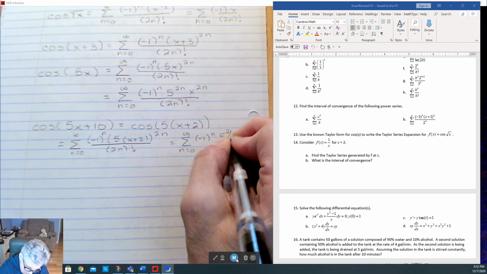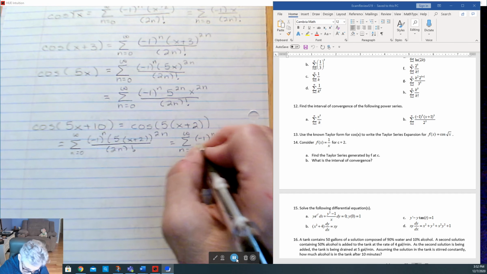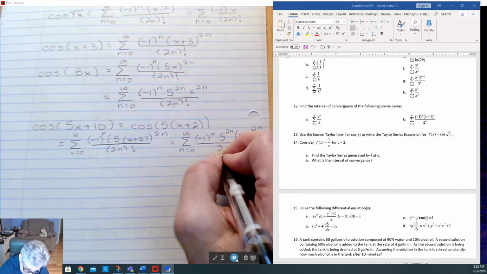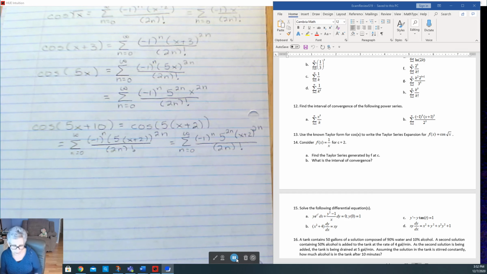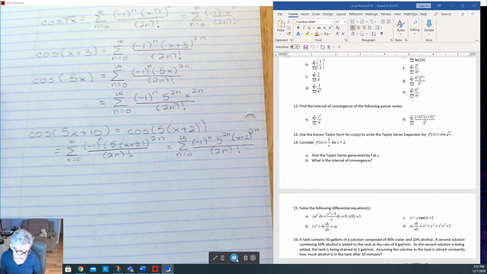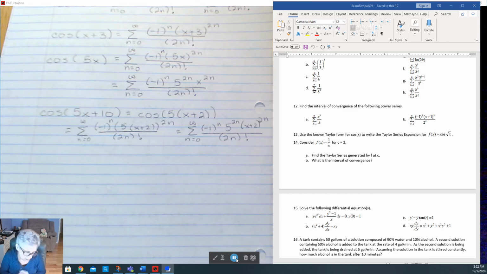So 5 to the 2n, x plus 2 to the 2n, all of that over 2n factorial. Another trick we used is sometimes you needed to write x plus 1 as x minus negative 1, things like that. Okay.